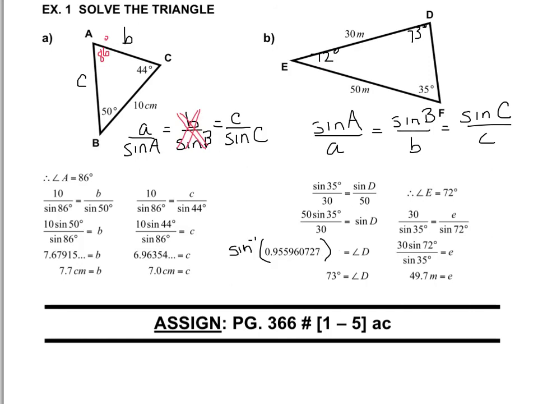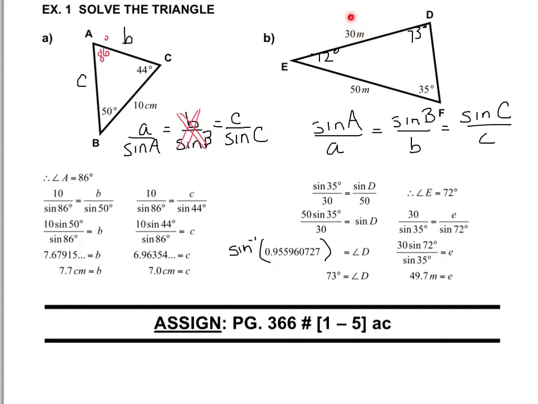So then I can go back to my sine law, and we're going to finish this off and find the last side length. Since I'm finding the side length, I'm going to be using this form of the sine law, where the side length is in the numerator. So again, I start with the original stuff I was given.